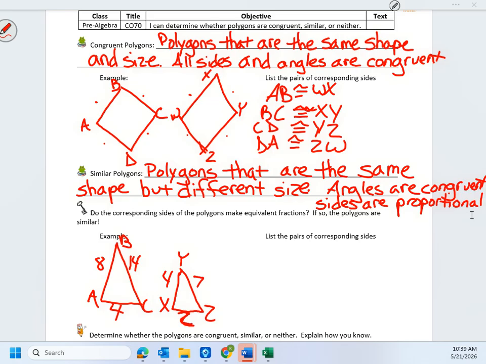So they're proportionate. So I divided each side by 2 and I get these measurements, right? Proportional. Divide every side by the same number and you get the same thing.